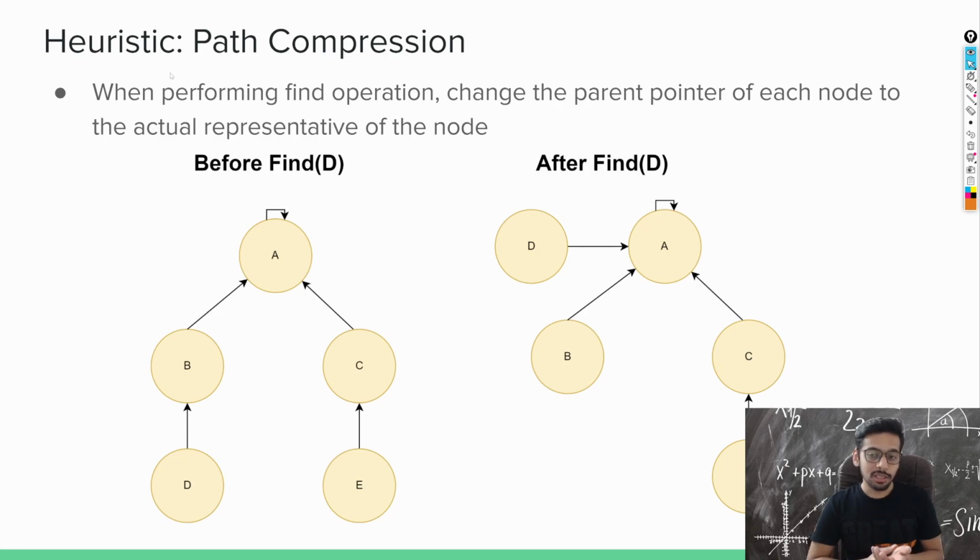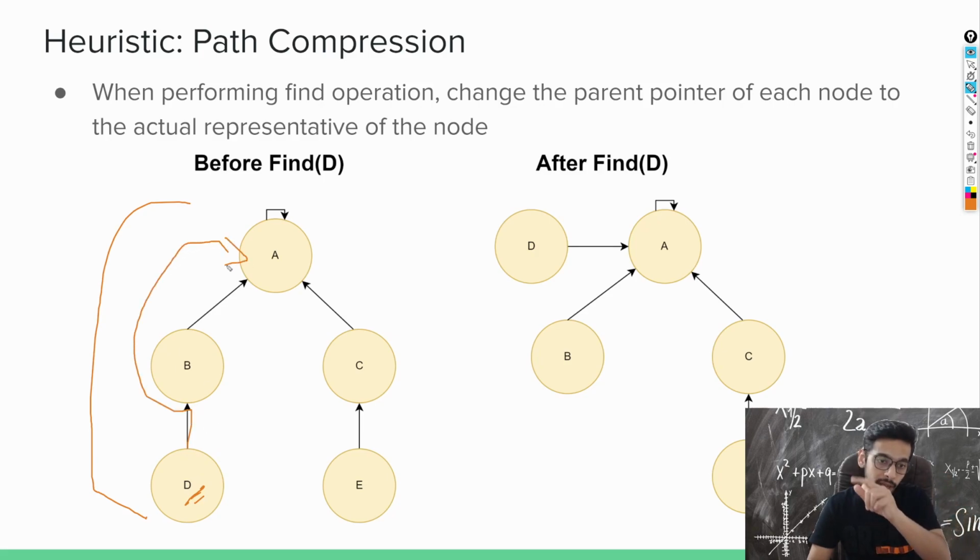The other heuristic that is the magic is path compression. Whenever you run a find operation, reduce the path. So if this was your set before running find of D, after running find of D, whatever representative you find, you make your pointers map to the actual representative rather than mapping it to B. This does not add any value, and since I'm already going all the way up, might as well change some extra pointers.